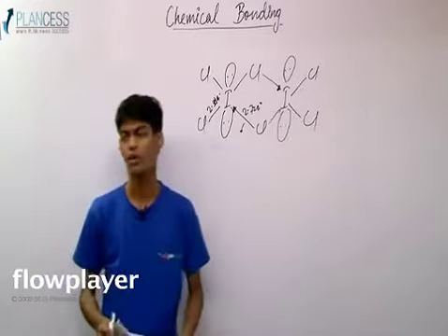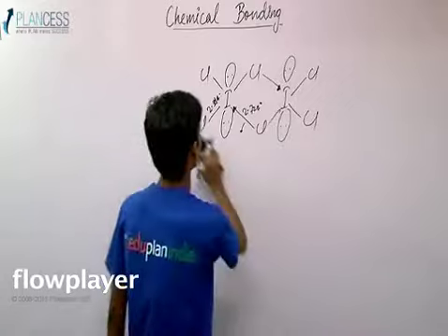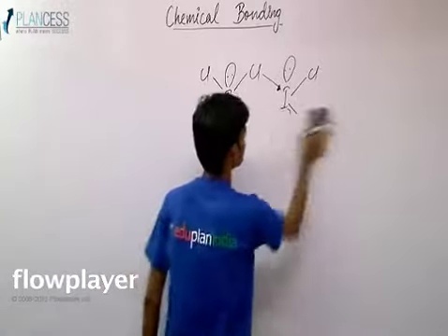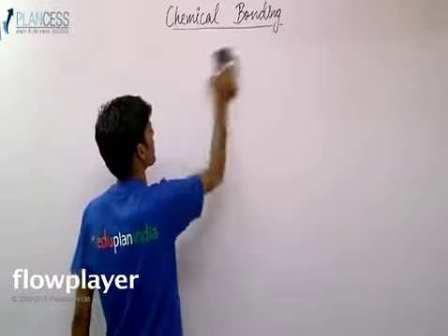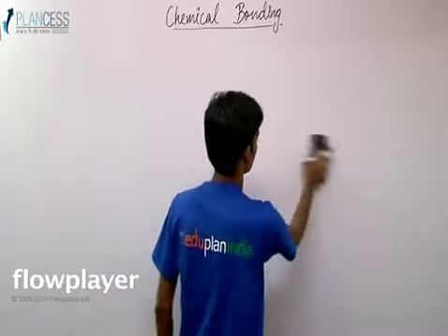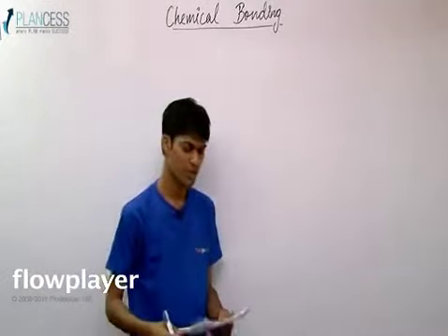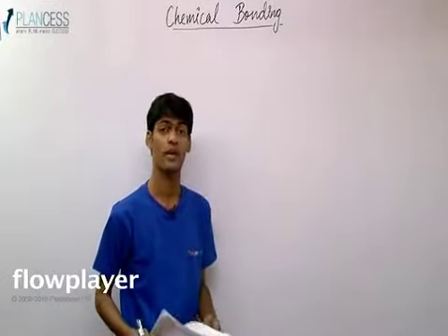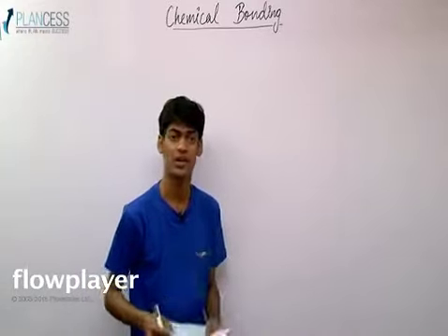Now this was all about the valence bond theory. Now there was one more theory which was proposed, and very important, that is molecular orbital theory. There was some confusion in valence bond theory: B2 is a molecule that is found to be paramagnetic, but if we follow valence bond theory, it comes out to be diamagnetic.